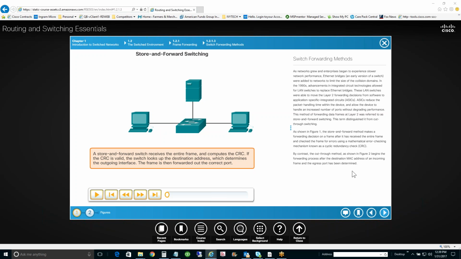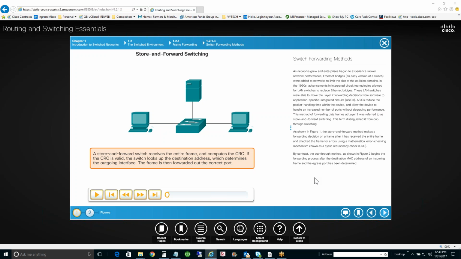The cut-through method, by contrast, basically starts sending that frame out to its destination port as soon as that destination is known. The advantage of store and forward is that the switch is actually ensuring the quality and integrity of the frames that are coming in before it'll send them on. This does put more overhead on the switch.